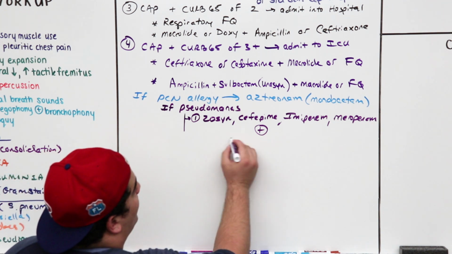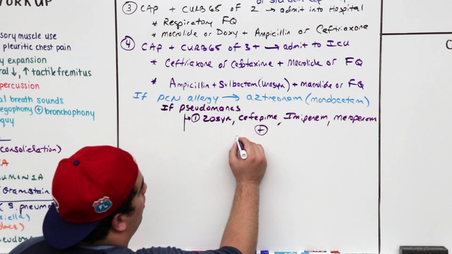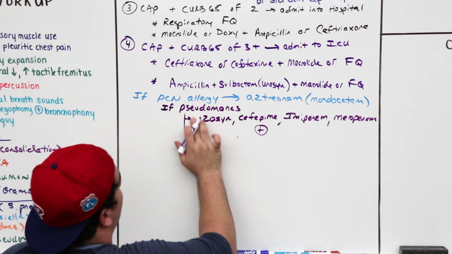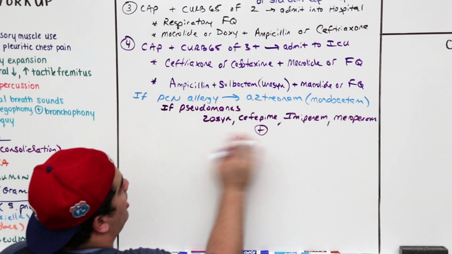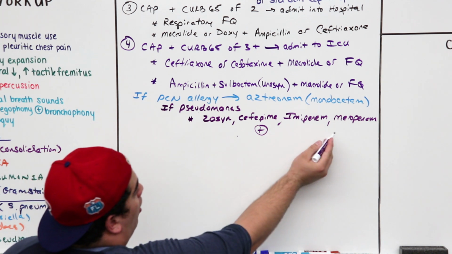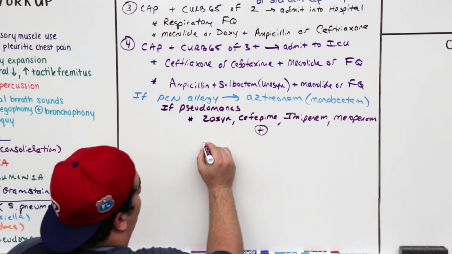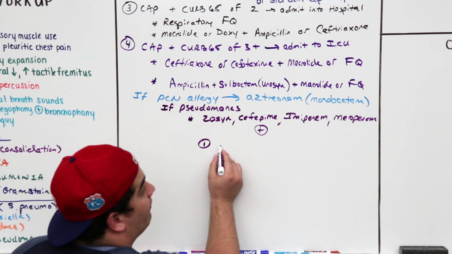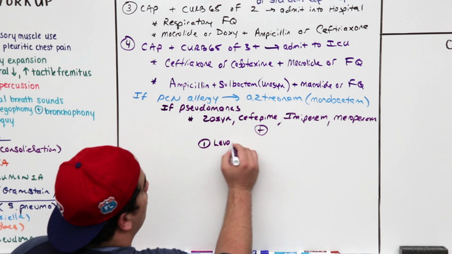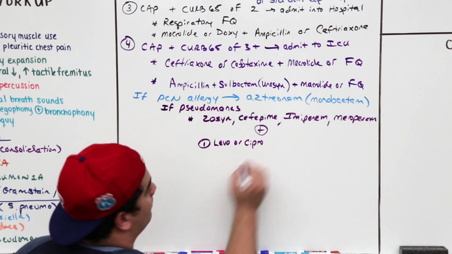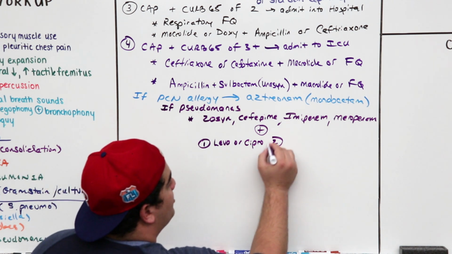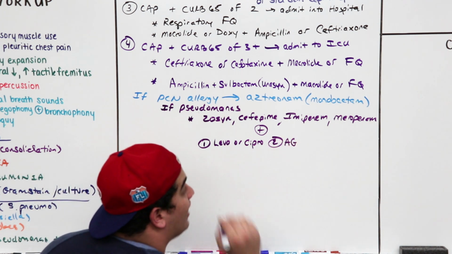If you do this, you can give it with a couple options here. First one, we'll write this like this. You can do Zosyn, Cefepime, Imipenem, Meropenem. And if you do that, you can give it with 3 options. One is you can give it first off with Levo or Cipro, okay? Second option is you can do an aminoglycoside.